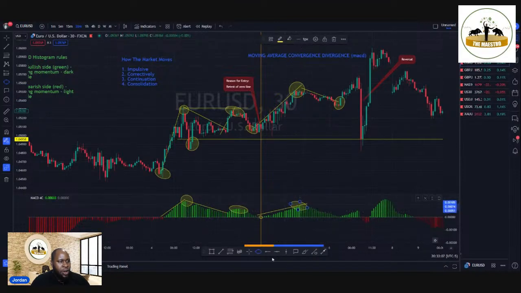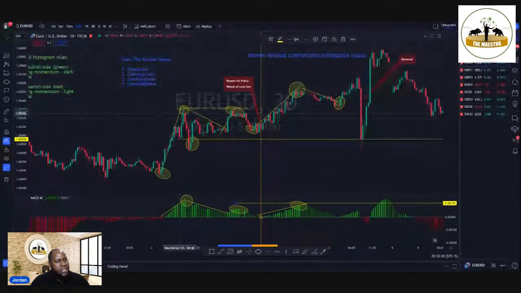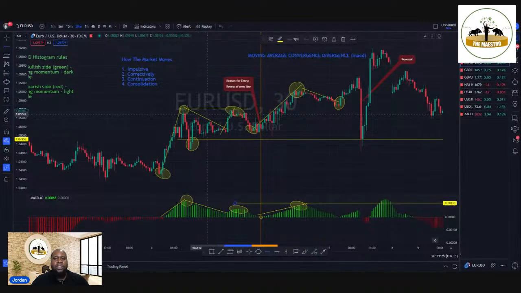No. The next peak is literally over here. And if we just draw this line across, if this next peak is over here, that means it's not even higher than this peak over here, which coincided with this high. So we are losing momentum. In other words, we are starting to diverge over here, okay? Divergence is happening over here.